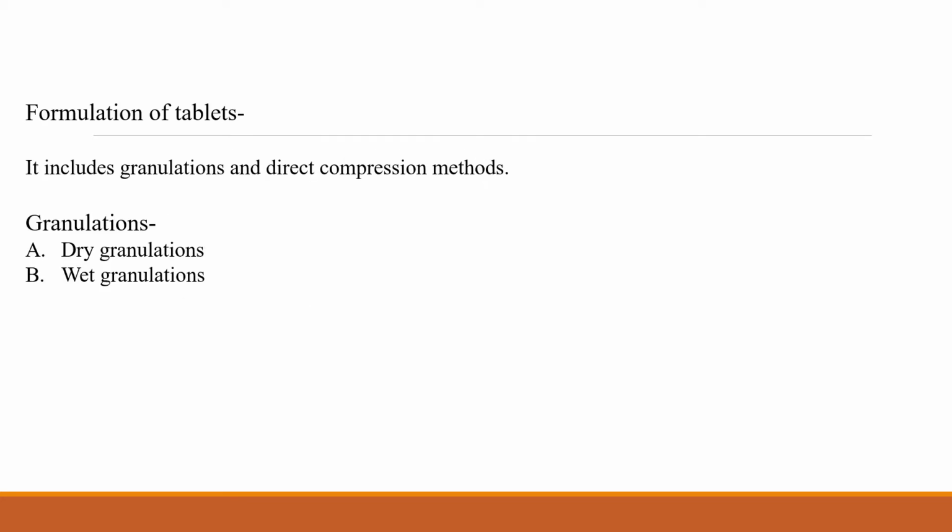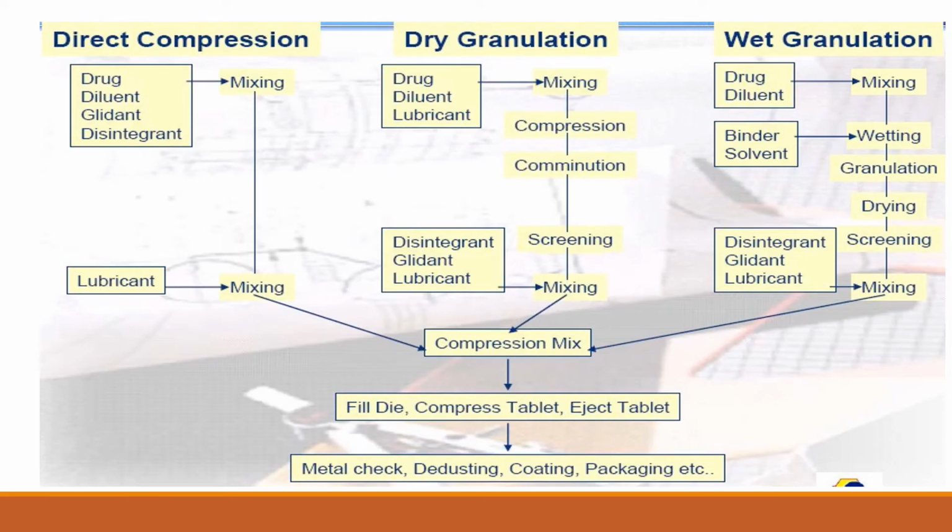Next, formulation of tablets. It may be formulated by granulation and direct compression methods. Coming to granulation, one is dry granulation, second is wet granulation. So here this flowchart explains direct compression, wet granulation, and dry granulation.